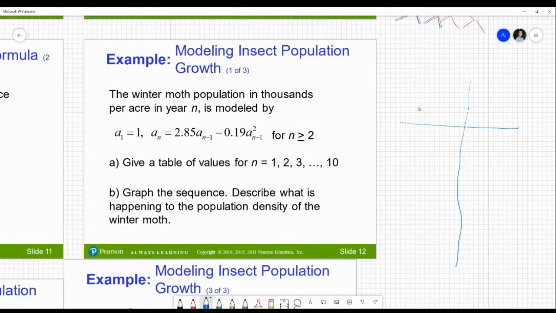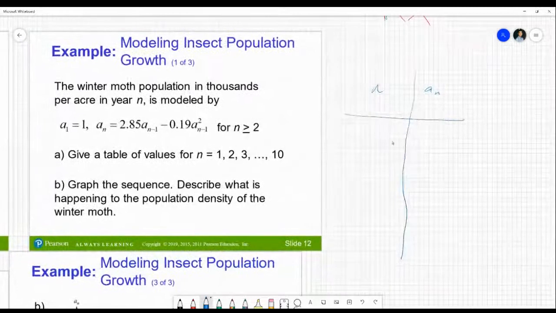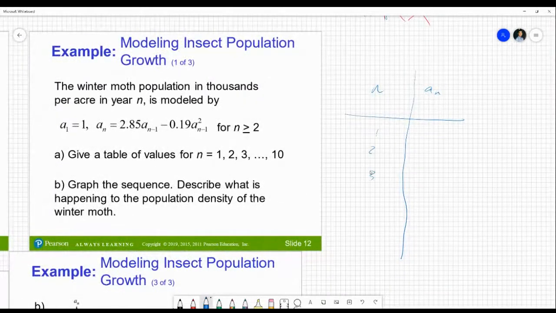Now you can also do this in a graph using a graphing calculator as well. So this is n, a_n. So 1, 2, 3, 4, all the way down to 10. The first one is given. It's 1. For 2, let's plug the values in here, and we're using the previous values for this.